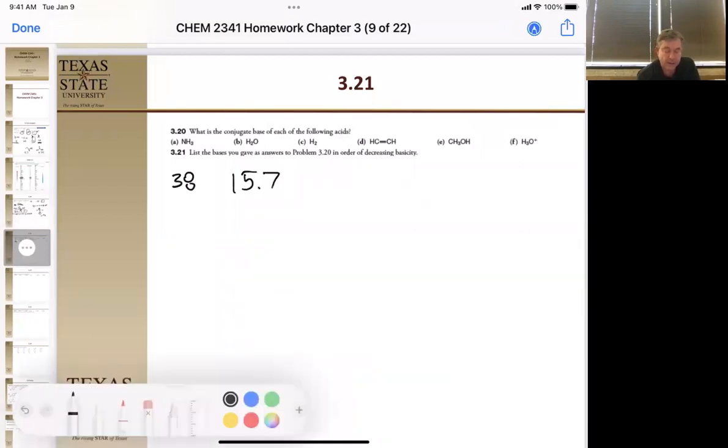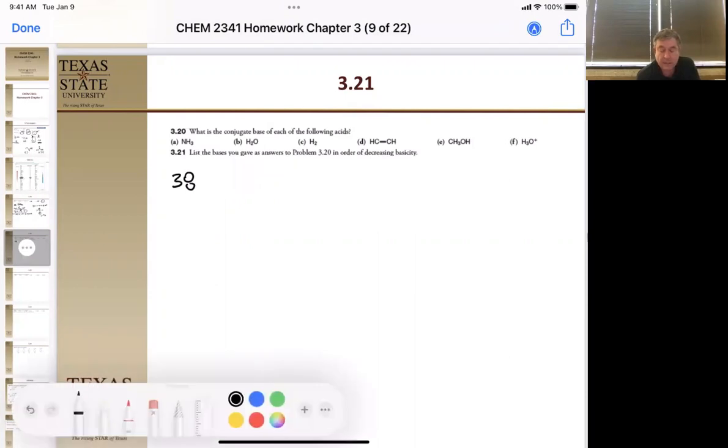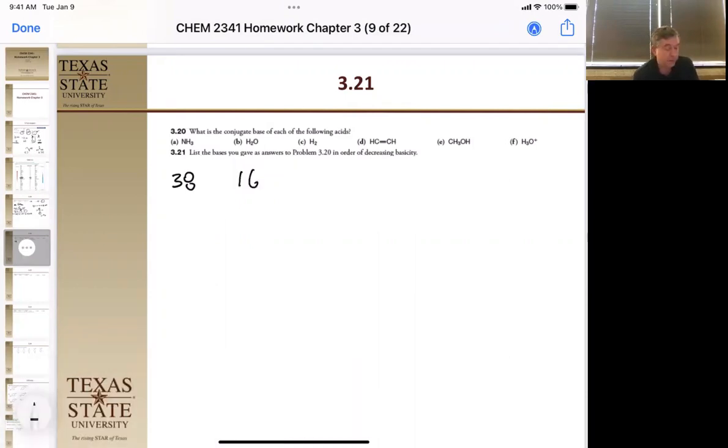Let's just round that up to 16. Hydrogen, if we look on that table, it's way up there, but it's 35. This alkene, I think it's an alkyne, would be 25. And then the alcohol would be 16, and the hydronium ion is minus 1.7.